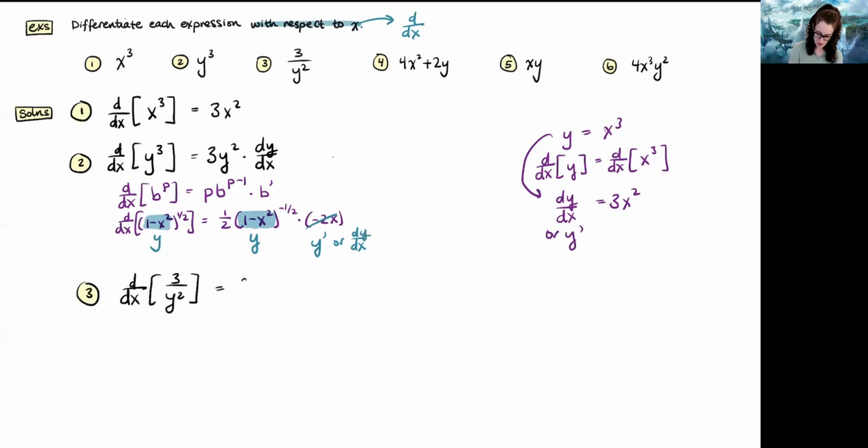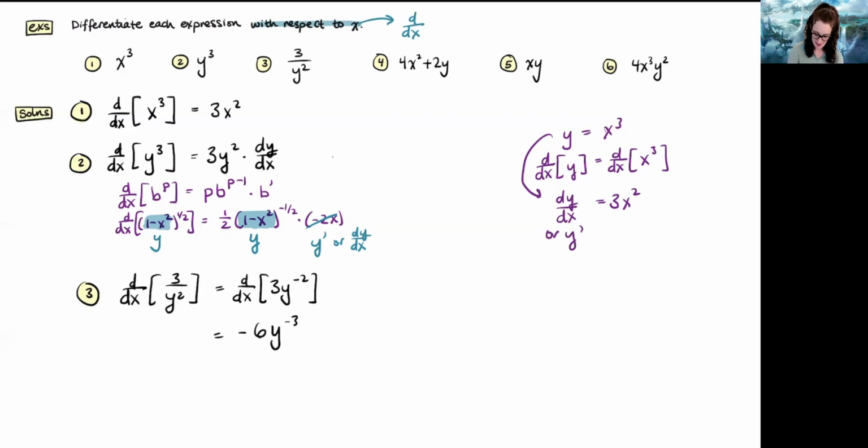So I would suggest that we rewrite this without a fraction. 3y to the negative 2. Okay, then we go ahead and find the derivative, basically as if it were 3x to the negative 2. And so that'll be negative 6y to the negative 3.